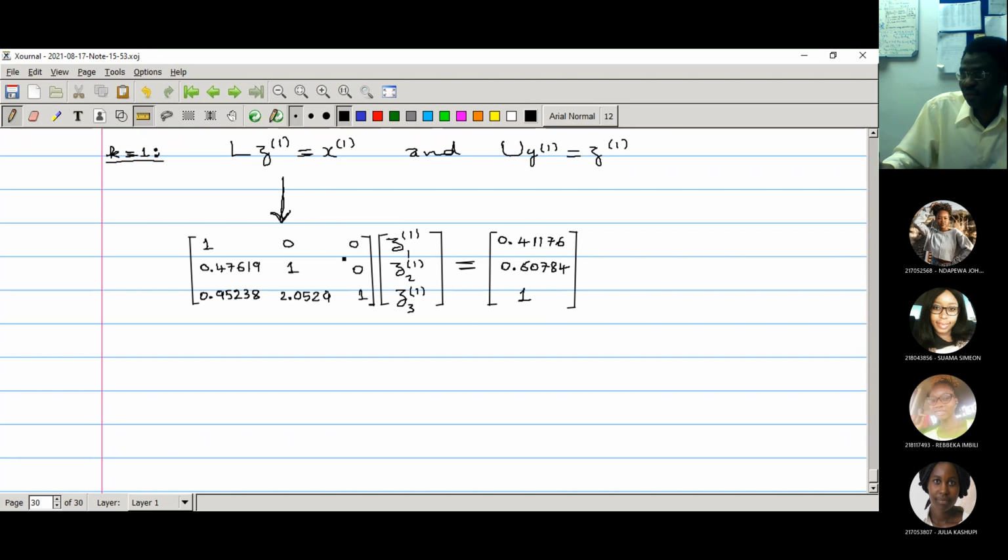You see that we perform here, we can get our Z1 directly. If we perform this matrix vector multiplication, you see that your Z1 is this. That is our Z1, right? So you can write directly that our Z1 will be, so we solve that.